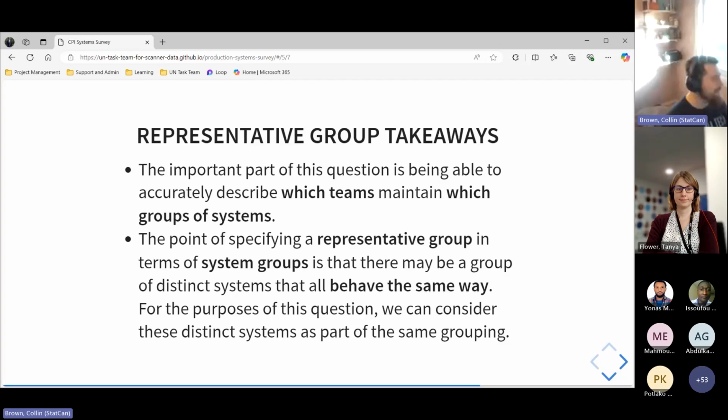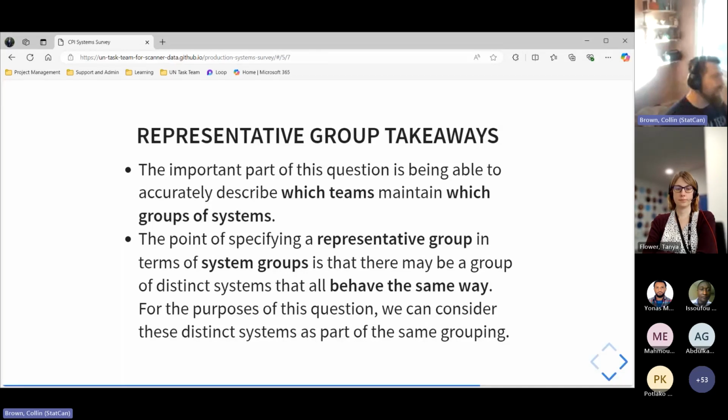Okay, so the takeaway of this question, the reason we're asking this question is we're trying to understand which teams maintain which kinds of systems. So we're trying to jointly answer that question, where in page 1 and page 2, we're asking about them independent of each other.